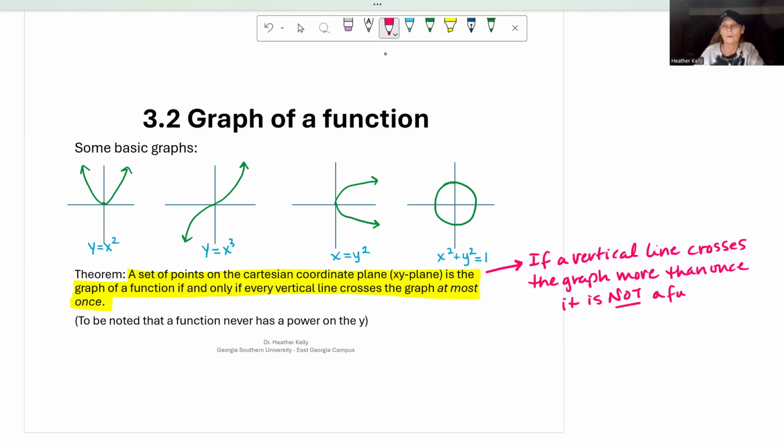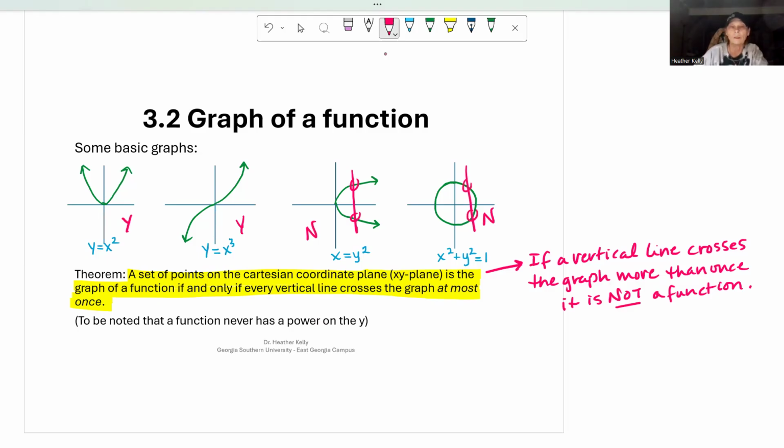a function. So we can see here pretty quickly as we look across that yes, this is a function. Even imaginarily, yes, this is a function, but this guy definitely is not a function, and this guy definitely is not a function.